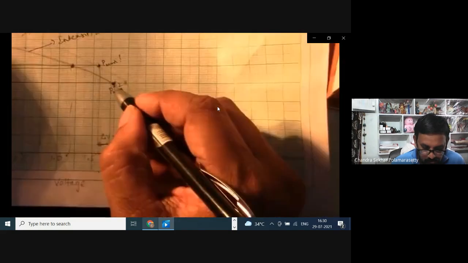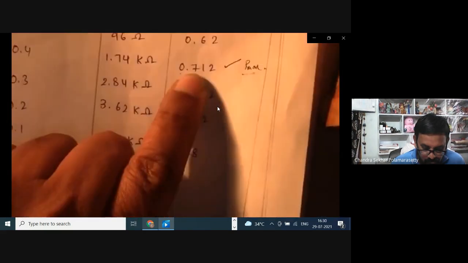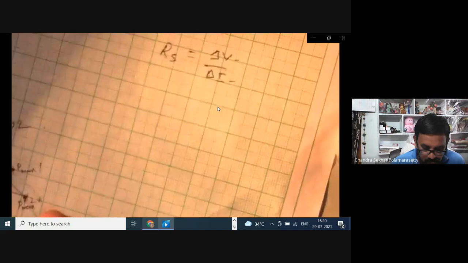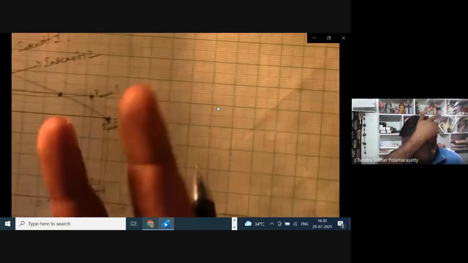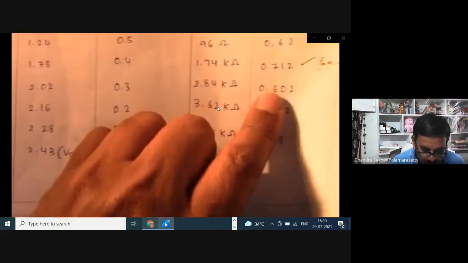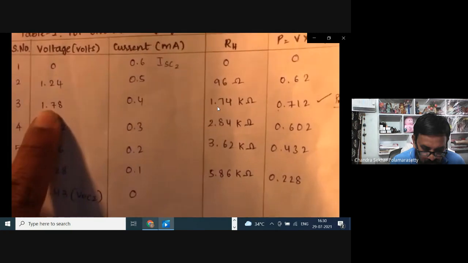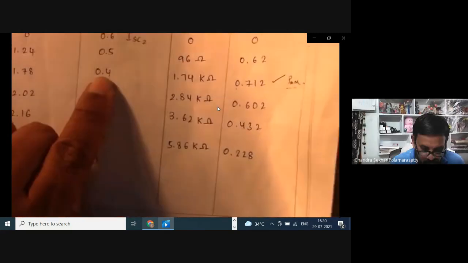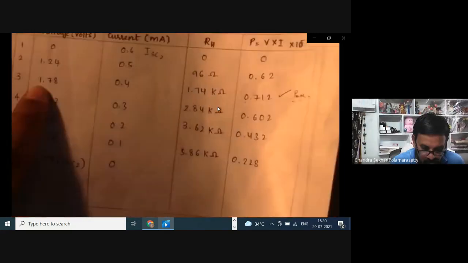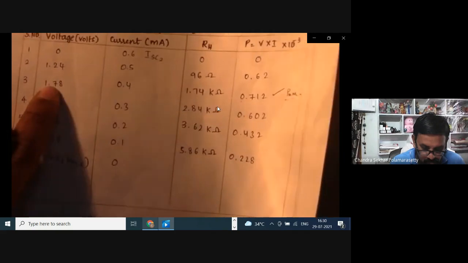Also consider the second one. Here, the minimum current is 0.2 and the maximum current is 0.7. So here we have taken each unit on the y-axis as 0.1 milliampere. So 0.1, 0.2, 0.3, 0.4, 0.5, 0.6, 0.7, 0.8, 0.9, and so on, in milliamperes.